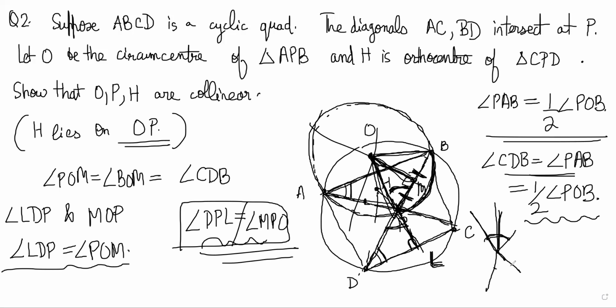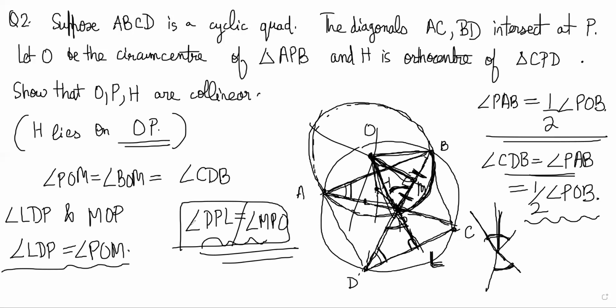When this angle and this angle are matching, it is a vertically opposite angle situation, and then you can say that this is a straight line. Right now, after drawing so many lines, it looks straight, but earlier it was not looking straight, right? H was looking here and P was here and O was here. It was looking like a twisted line, right?